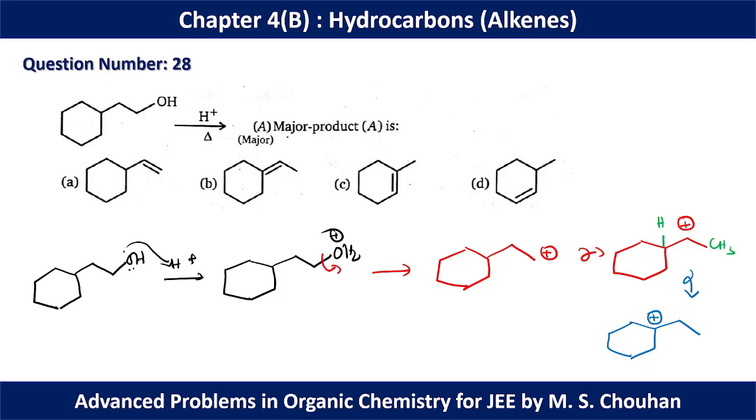Now finally, we have to go for the final product, which is an alkene. Okay, so now we can eliminate this hydrogen to have the most stable final product, which will look like this. So for question number 28, option B is the correct option.